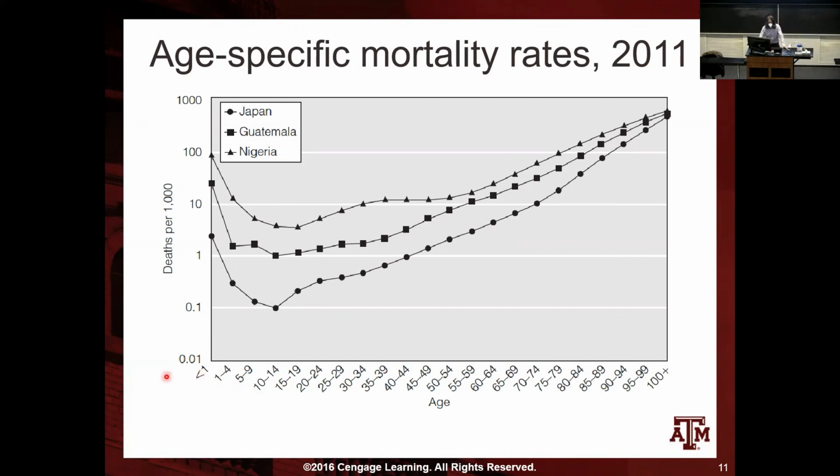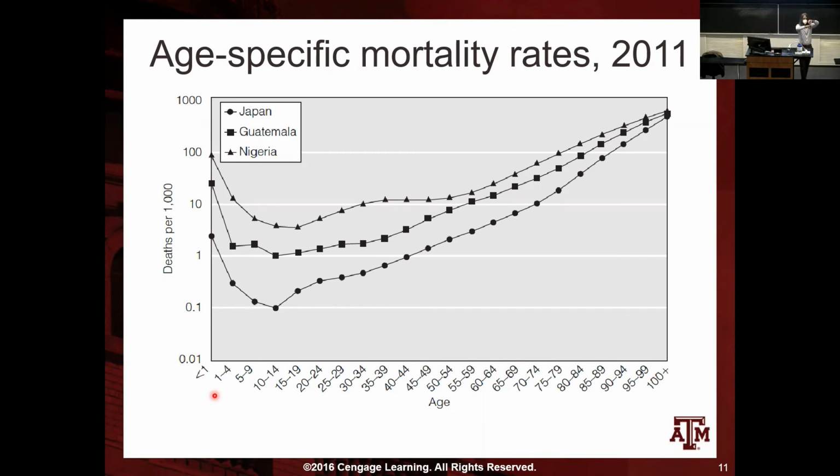So you see all the countries, Japan, Guatemala, and Nigeria, having really high levels of mortality rates. The mortality rate for this first age group for children: how many children did not survive, did die before they reach age 1? How many children died before they reach age 1?